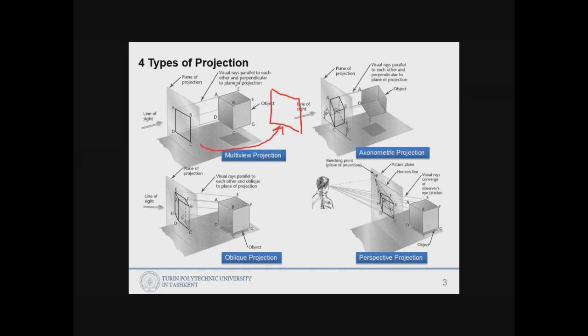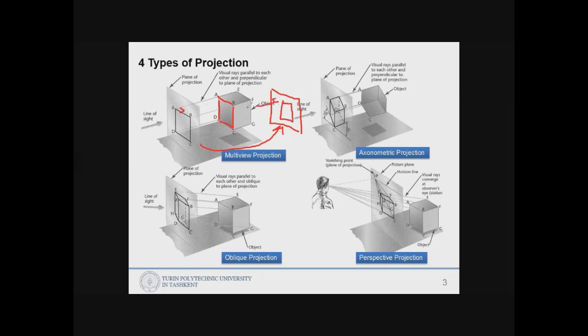We are looking at the object, and what we see, points A, B, C, D, the corners, and lines AB, BC, CD, and DA will appear on the plane of projection. The lines of sight will be at 90 degrees.